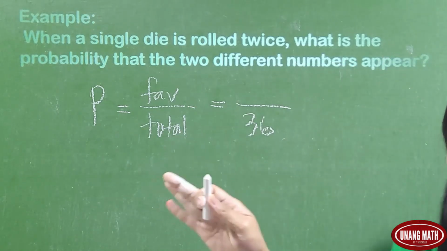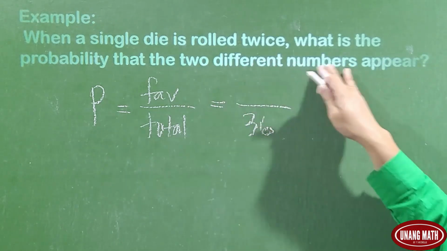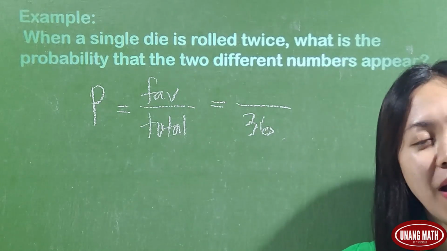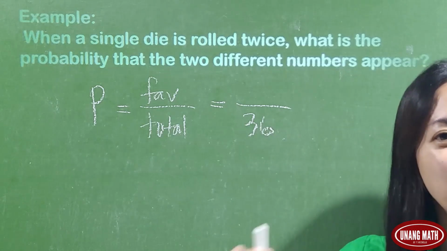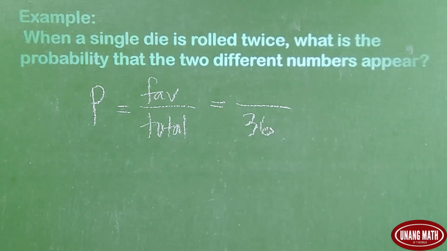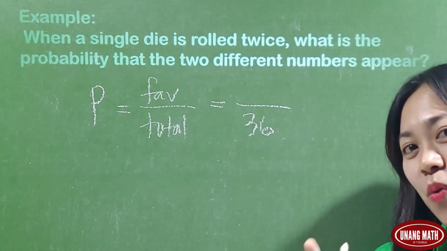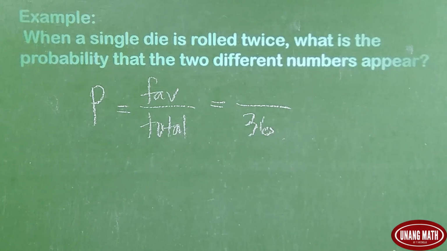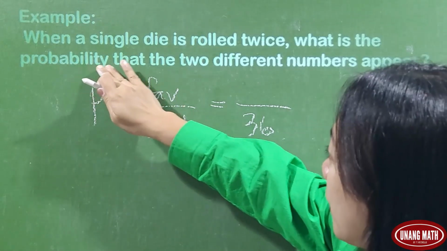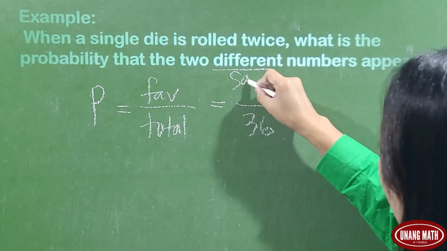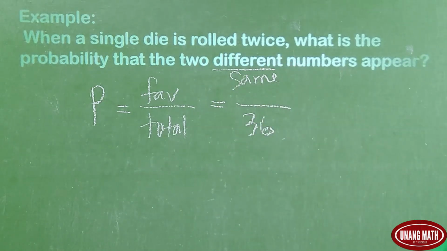From 1 to 6, two different numbers appear. It can be 1, 2, 1, 3, 1, 4, 1, 5, 2, 3, 2, 4, and so on. So there are a lot of outcomes, and it will be difficult for us to identify all. So what we will do this time is find the probability that the two same numbers appear.